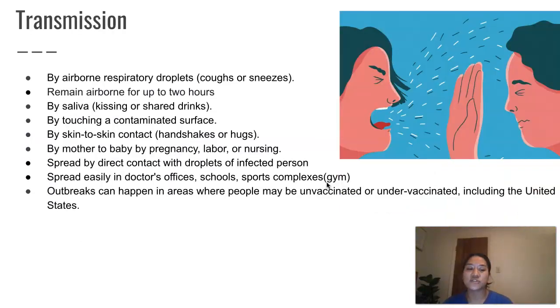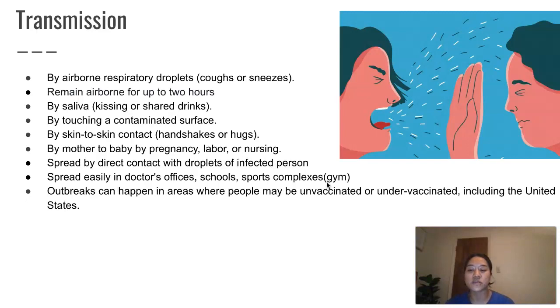Transmission. It is transmitted by airborne respiratory droplets, like coughing or sneezing. It remains airborne for up to 2 hours. It can be transmitted by saliva or skin-to-skin contact like handshakes or hugs. Since it is airborne for up to 2 hours, it can be transmitted by touching a contaminated surface.